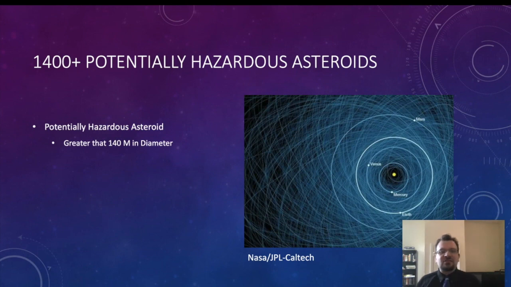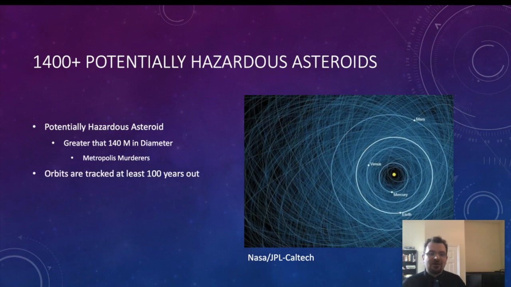So we found these 1,400 plus potentially hazardous asteroids, and the way that NASA defines a potentially hazardous asteroid is one that's 140 meters in diameter. Now, those are still big, so we're still talking big rocks that can cause lots of destruction on a definitely local, perhaps global scale.